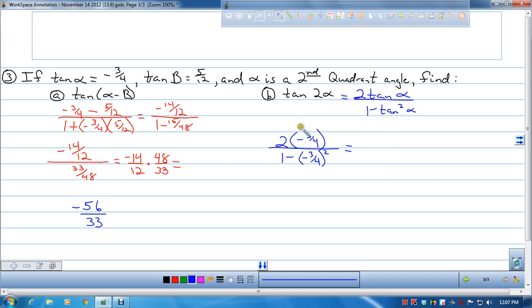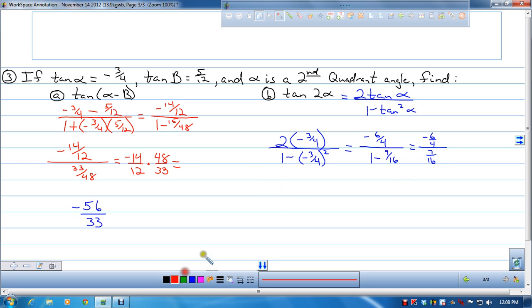So, again, you could type that into your calculator, or if you wanted to do it pencil and paper, this would be negative 6 over 4 over 1 minus 9/16. So you've got negative 6 over 4 over, that looks like it would be 7/16, right?